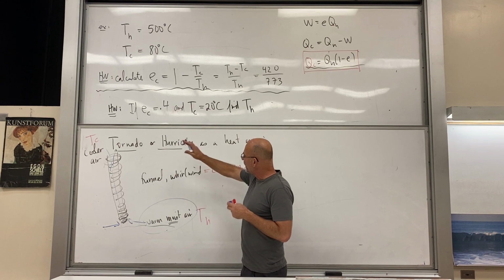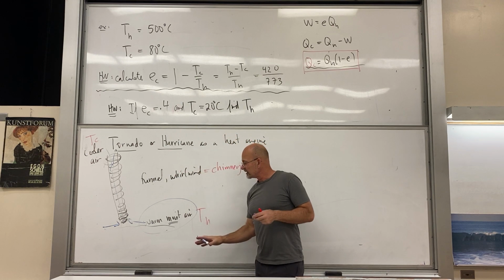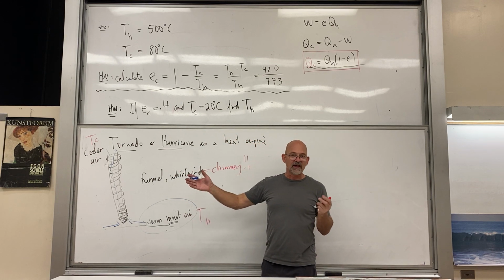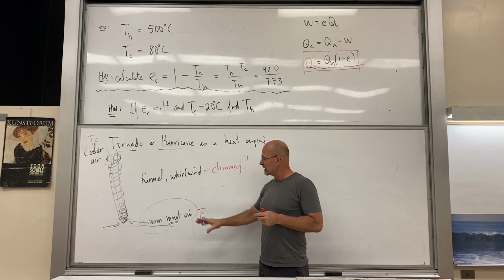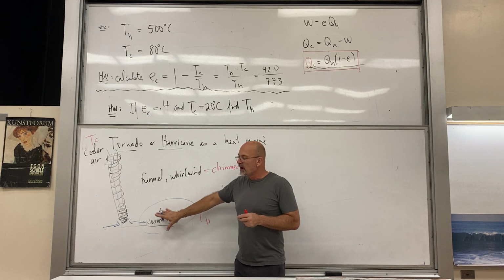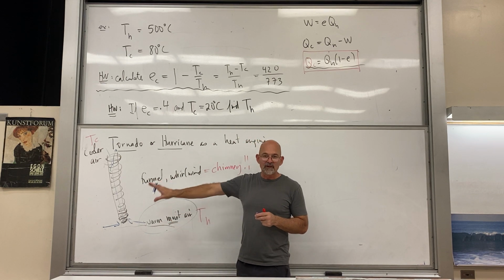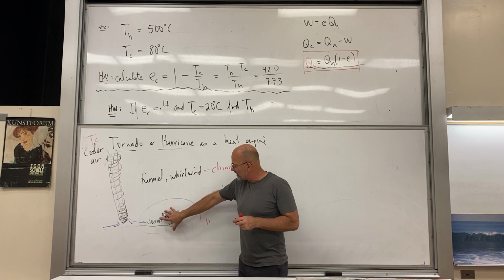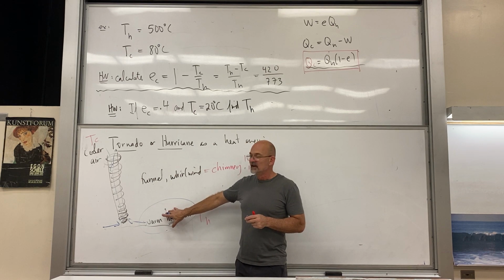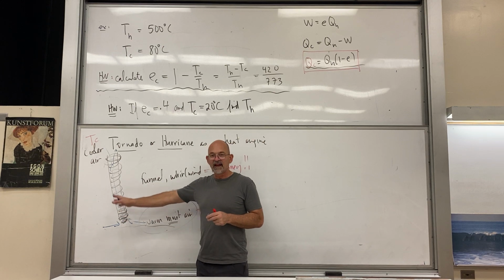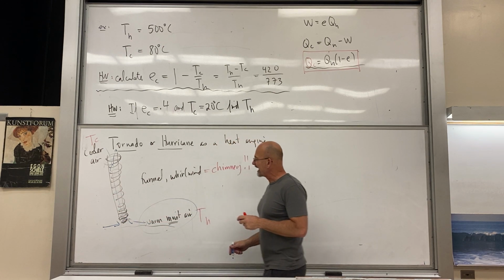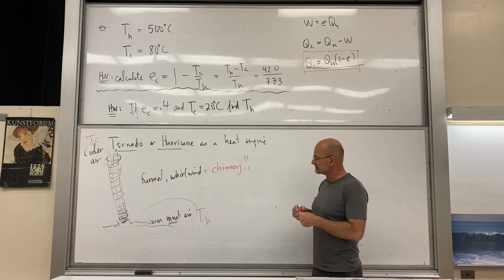If you go from the tornado to the hurricane, when you follow that year after year, it's always forming over the ocean and it ends over the land. Over the ocean is where the greater amount of warm, moist air is. Once it hits the land, it starts to decay and die away. But yeah, that is a heat engine.